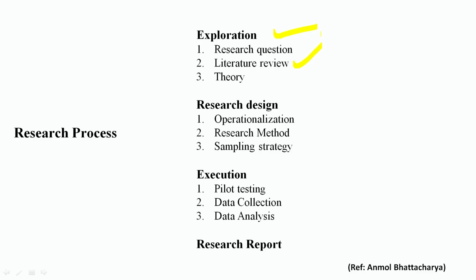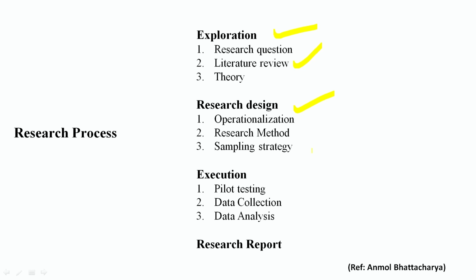In the second phase, we have the research design to work on, making your research operational, that is what is meant by operationalization. And what are the methods that you follow? The strategy of collecting the data, that includes sampling. Research design, you might be remembering, I discussed in the very first unit.